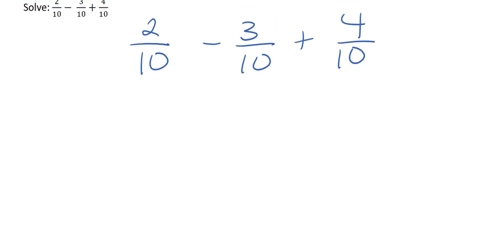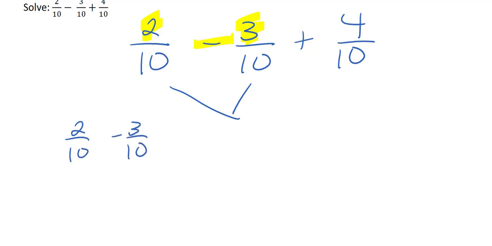So the first thing we're going to do is look at this 2 minus 3. Right, so we've got 2/10 minus 3/10. Well, 2 minus 3 is equal to -1. We keep our denominator of 10, so we have -1/10.